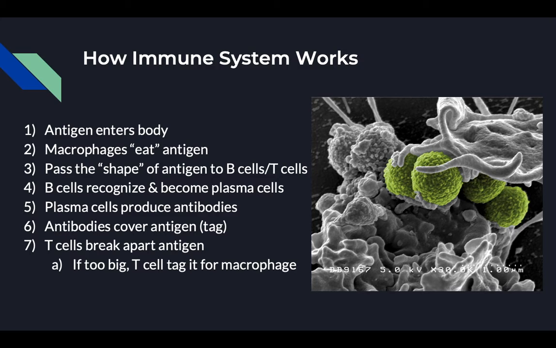Basically they're holding it in place and screaming, not literally, but essentially screaming, so that the T cells are like, ooh, there's one. And the T cell will go to where the antibody is and destroy the antigen. If it's too big, the T cell will tag it for the macrophage to deal with. But in simple forms, that is what happens.